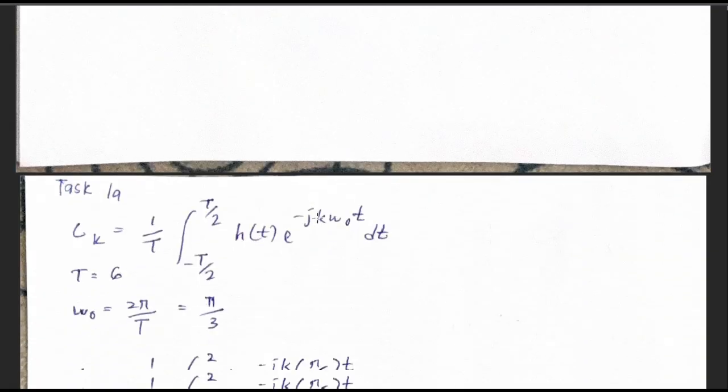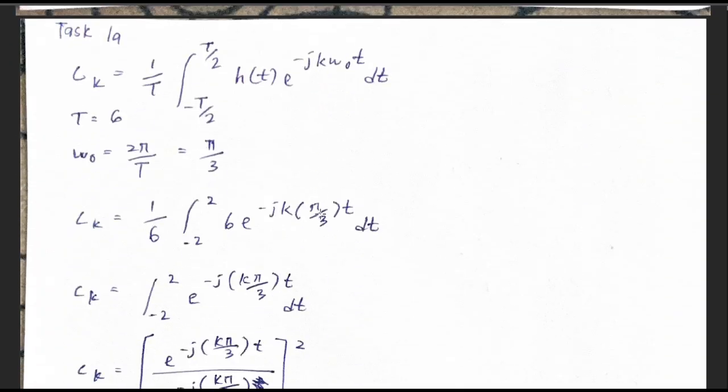So ck equals 1 over T, integral with the upper limit T over 2 and the lower limit -T over 2, of h(t) e^(-jkω0t) dt.